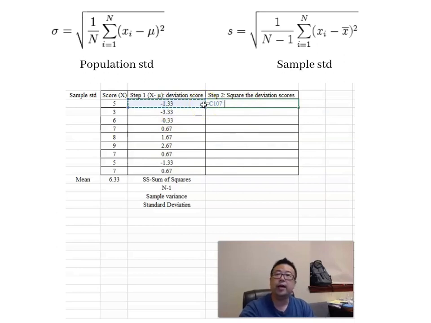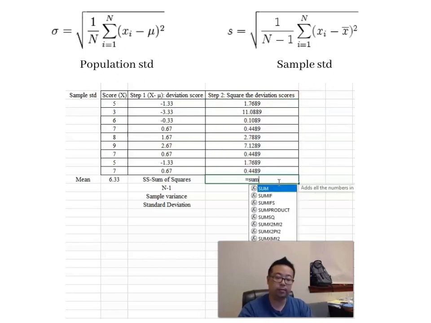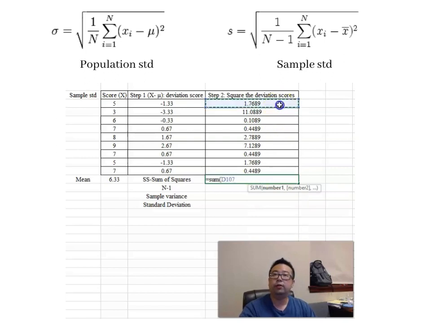I told you that had to mean the square. Then type down the sum of the squares, which is the sum of those numbers.